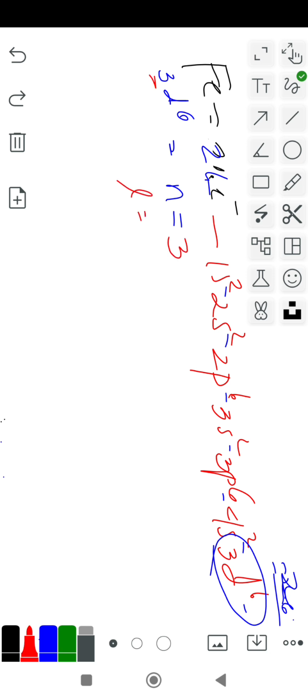Then L is d. S is 0, P is 1, D is 2, F is 3 for the L. So D is 2. Then next is our ML.